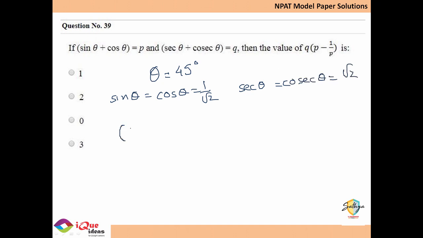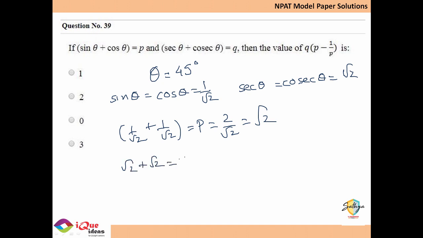So I get 1 upon root 2 plus 1 upon root 2 is equal to P. So that is 2 upon root 2, which is equal to root 2, and sec theta plus cosec theta, root 2 plus root 2, which is 2 root 2, is equal to Q.